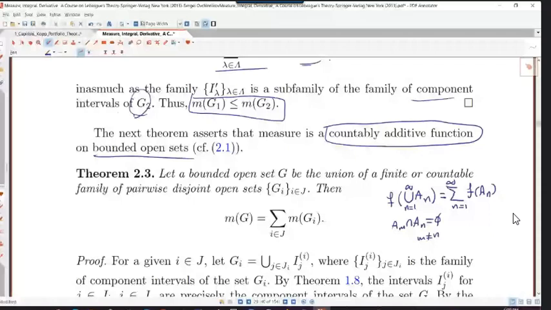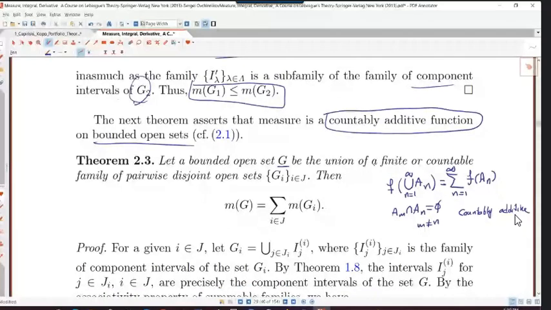Now here countable additiveness is an important property for the rest of this section. Now let a bounded open set G be the union of a finite or countable family of pairwise disjoint open sets G_i.